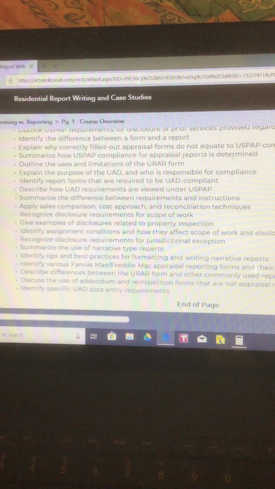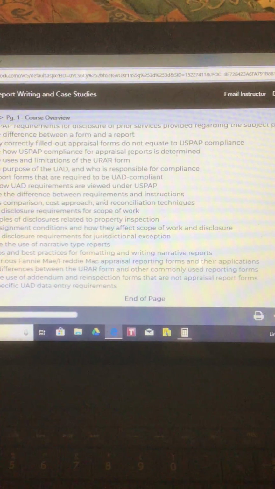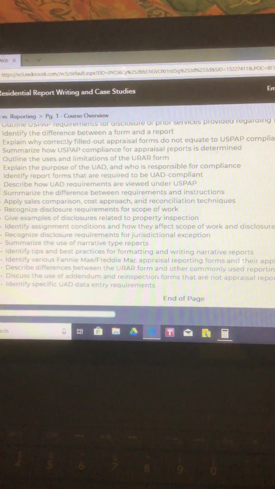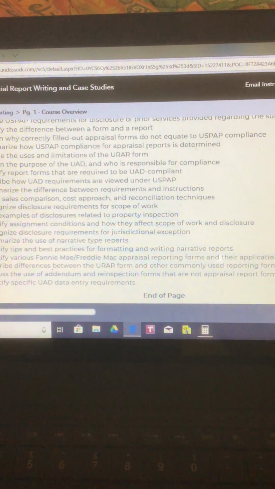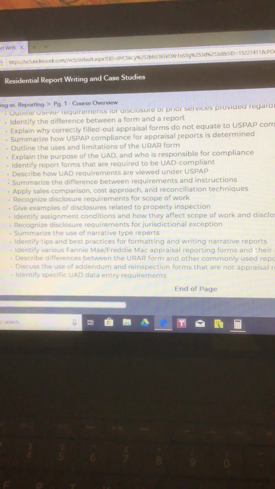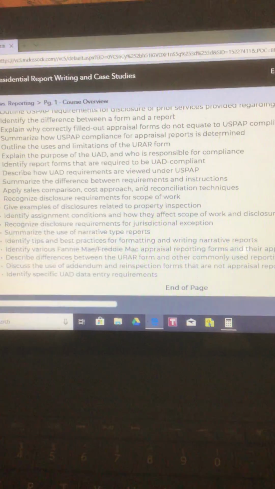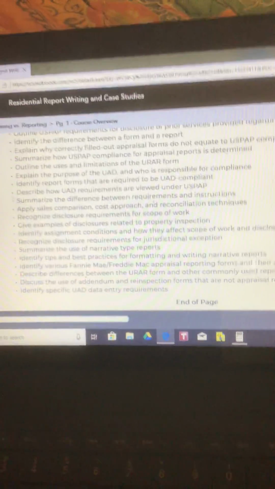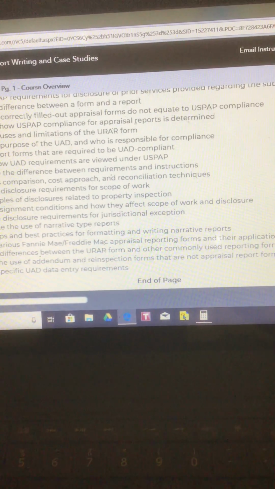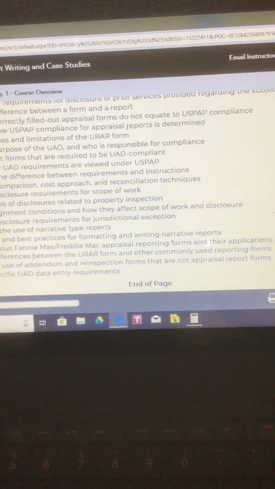Identify assignment conditions and how they affect scope of work and disclosure. Recognize disclosure requirements for jurisdictional exemption. Summarize the use of narrative type reports. Identify tips and best practices for formatting and writing narrative reports.